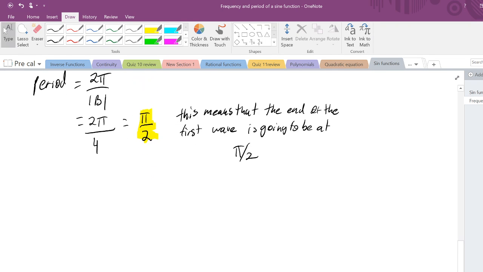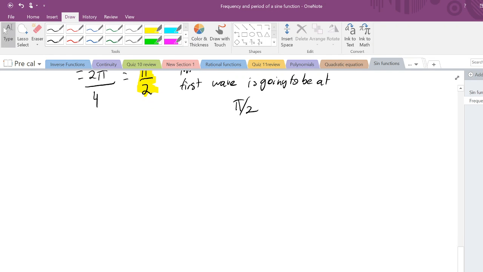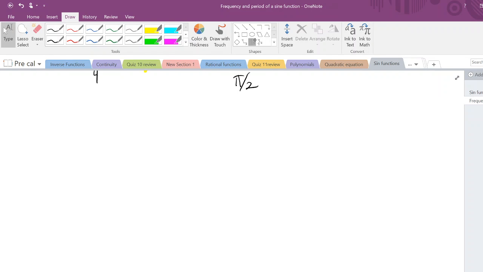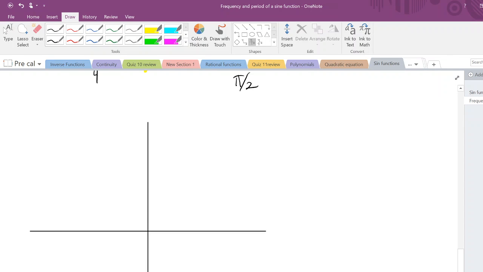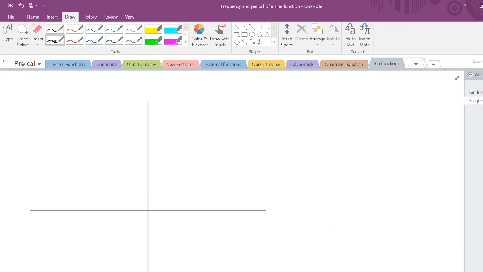So if I think about my graph, I'm going to make a big graph. Now, we normally start with 0, and then I'm just going to put some 1, 2, 3, 4, 5.